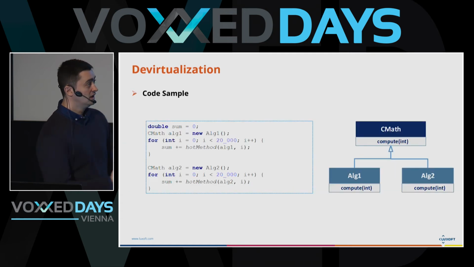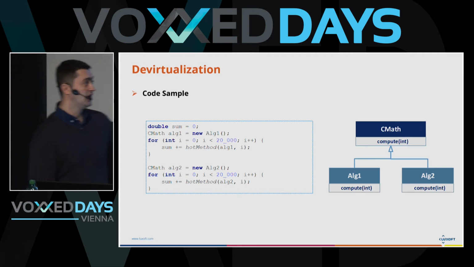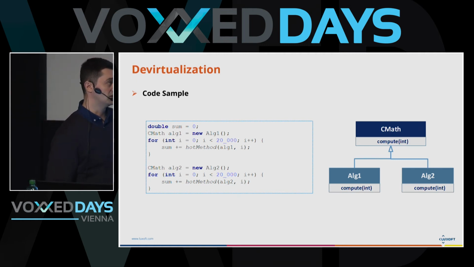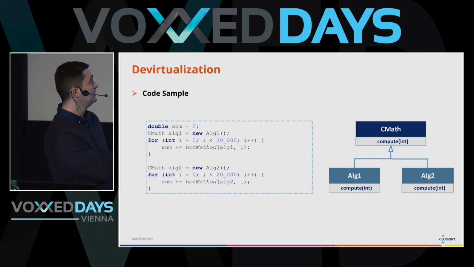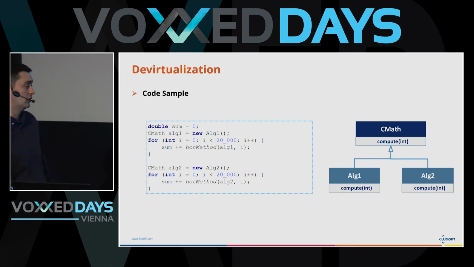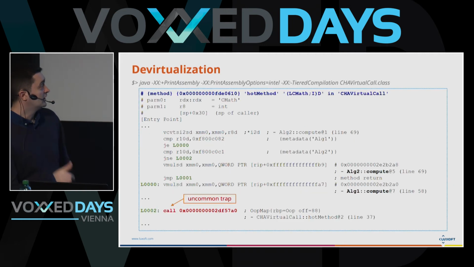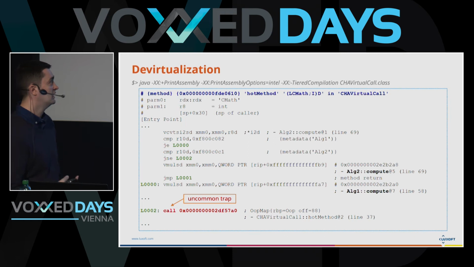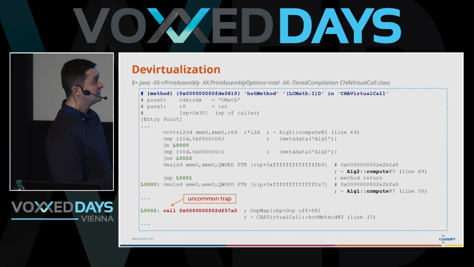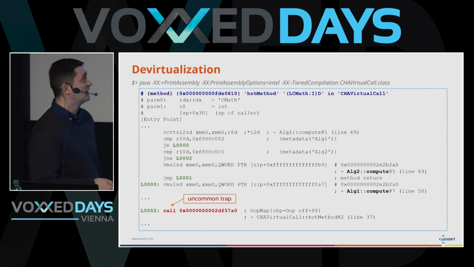Let's see what we have if we add the second implementation, and enrich our test with this instance, which calls the same hot method in the running loop. If we check the native code, it's a lot more complex, with more instructions added. In this case of two possible targets, the just-in-time compiler explicitly adds a check.